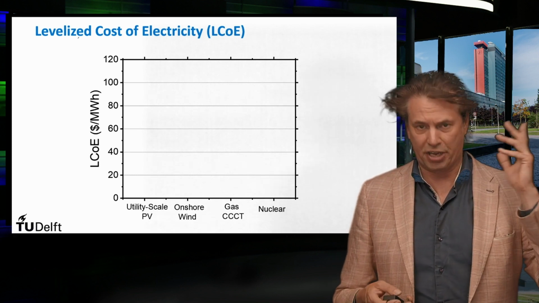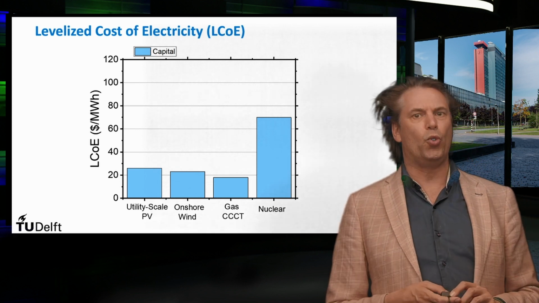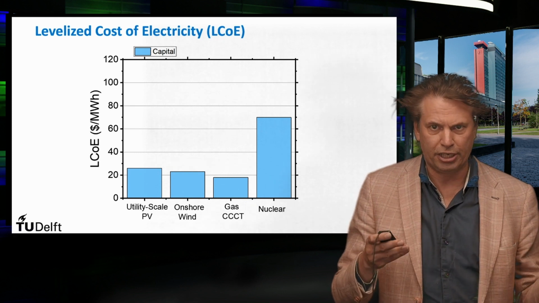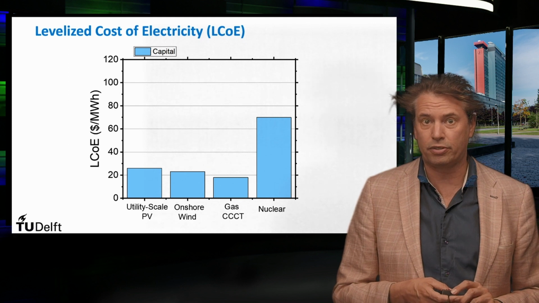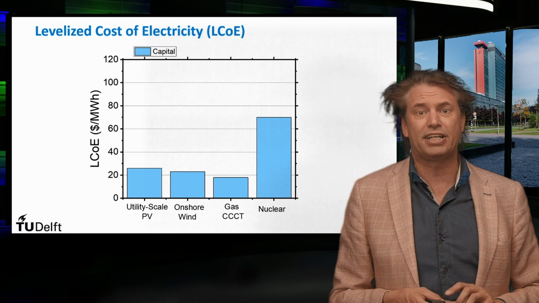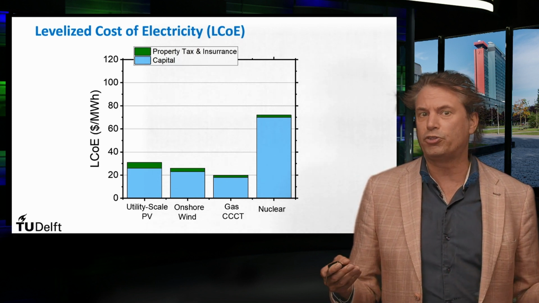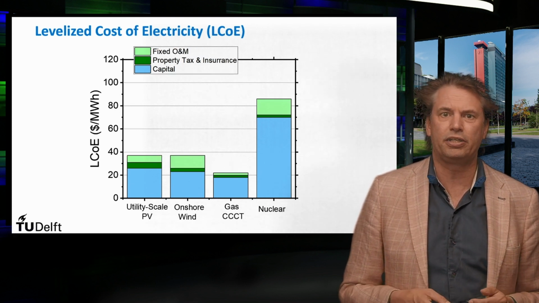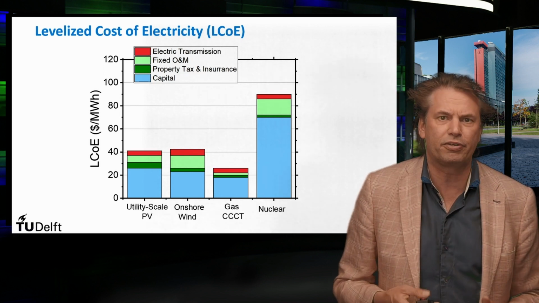Here we give an example. The levelized capital cost in blue are calculated for the technologies under study. Here we look at large-scale utility PV on land, onshore wind energy, combined cycle gas turbine plants, and a nuclear plant. Other cost components are the property tax and the insurance, here shown in the dark green, the fixed operational and maintenance costs, here shown in the light green.